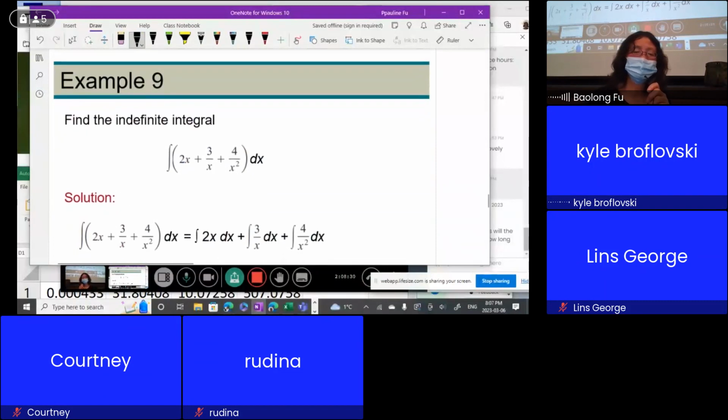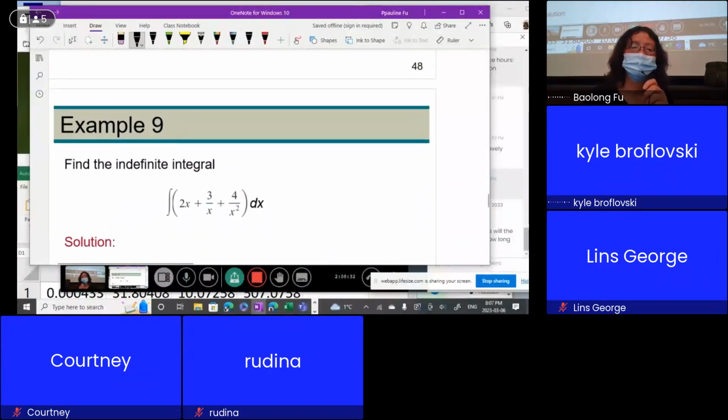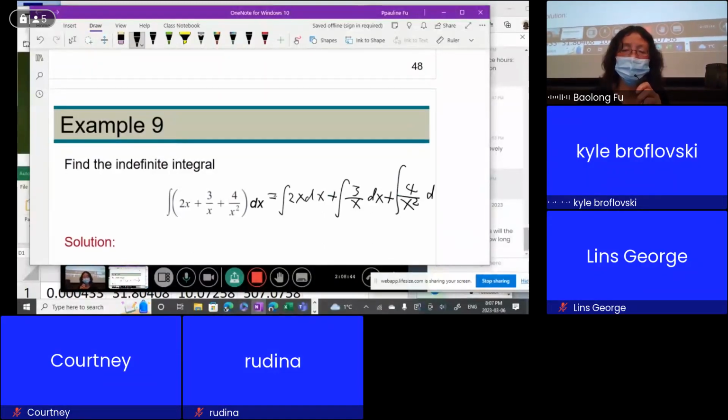Let's do this one. So this one would be equal to the integral of 2x, plus the integral of 3 over x dx, plus the integral of 4 over x squared dx.